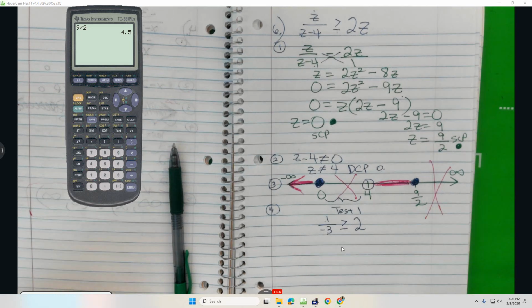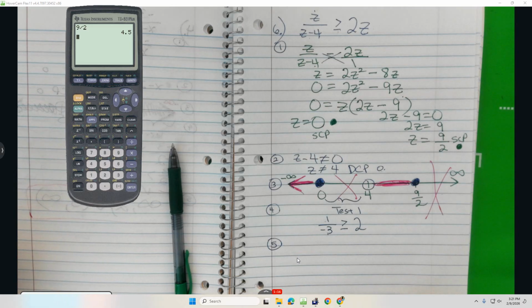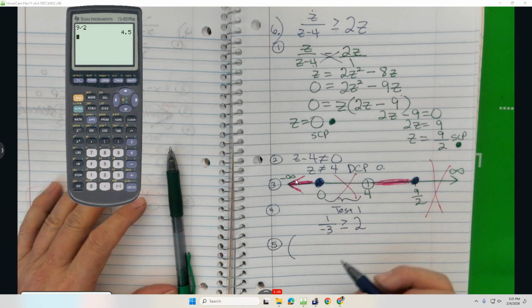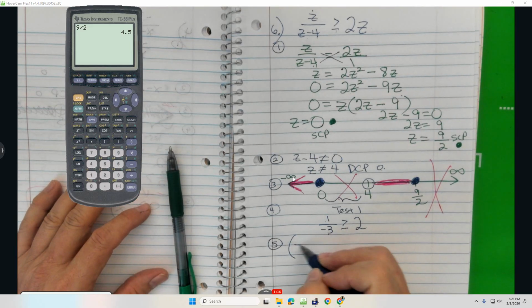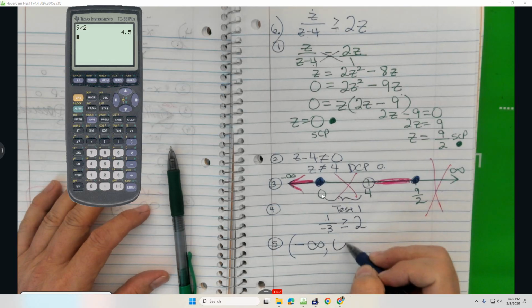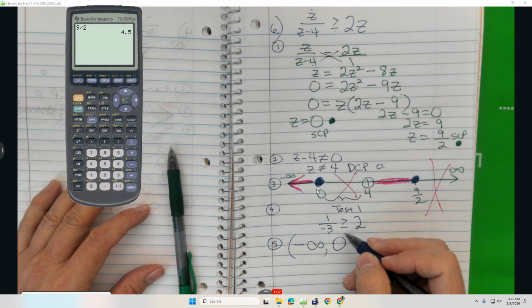Fifth and final step, interval notation. Call it out as if you were typing it in. Parentheses, negative infinity, comma, 0. So that's the first interval. Bracket or parenthesis? Bracket.